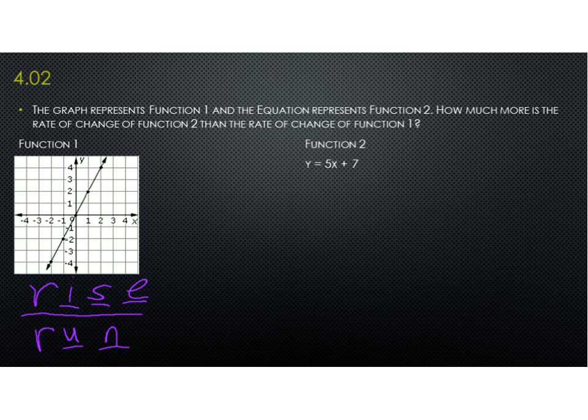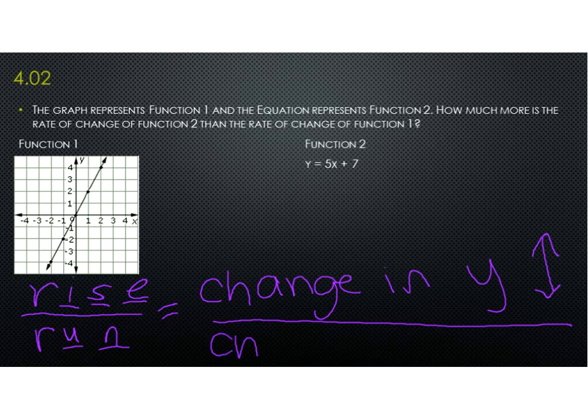So, rise also equals change in y, because y is up and down. So that's always our top number. And that goes over change in x, which is our left to right.